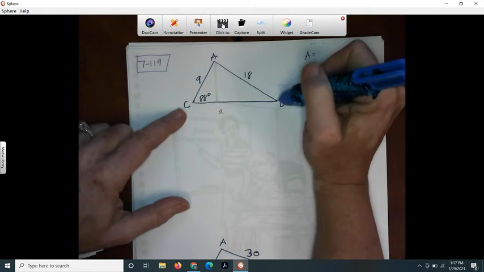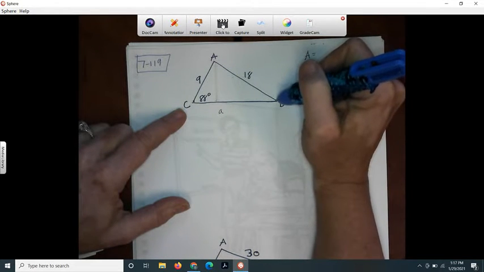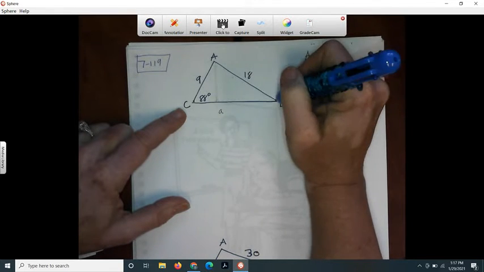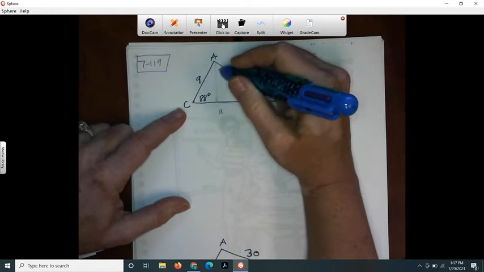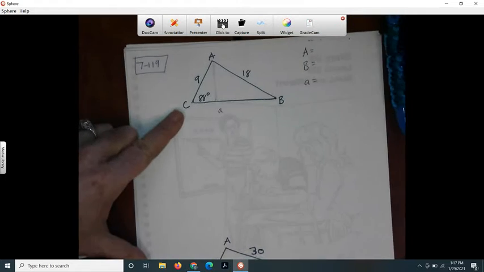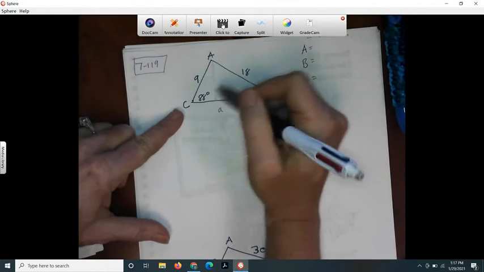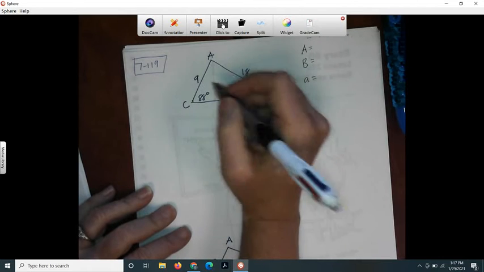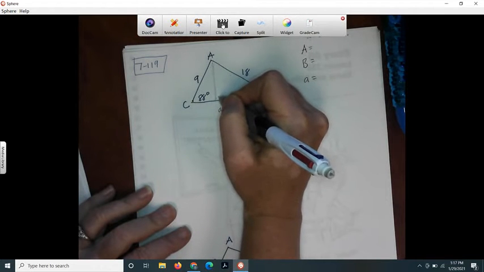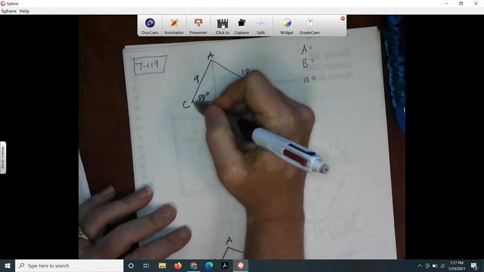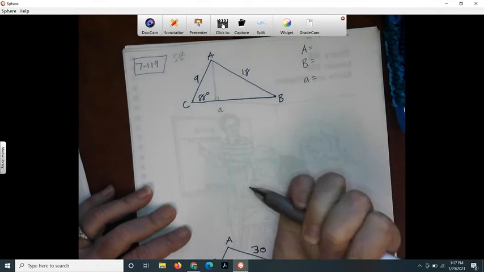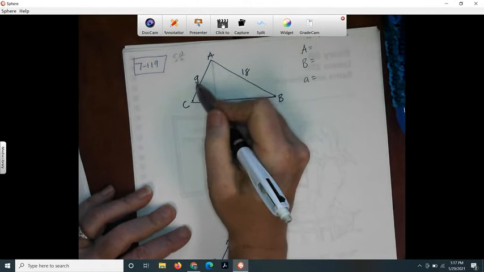But this one seems to be too long. I can compare how long this side is just by finding this height right here. There's just going to be one triangle here, I can tell. But I'm going to go ahead and find out what this little height is. It's super easy, it's SOHCAHTOA. So I can just go opposite over hypotenuse.